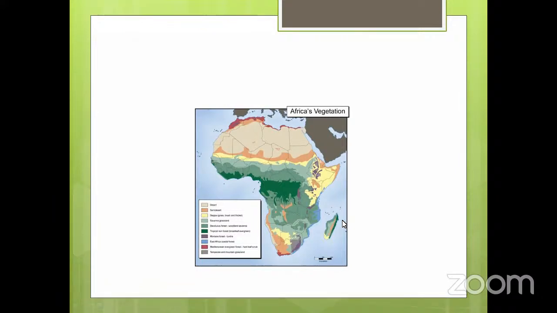For example, we have Mabira Forest. Have you ever heard of Mabira Forest? Yes. That is the best example of a tropical rainforest or equatorial rainforest. We have the likes of Budongo altogether. Just examples. We shall see other examples as we continue. Okay? So we move on to the next.